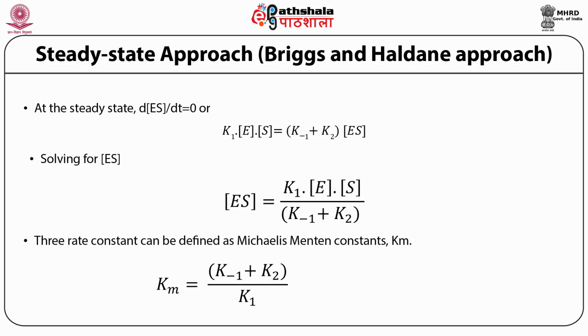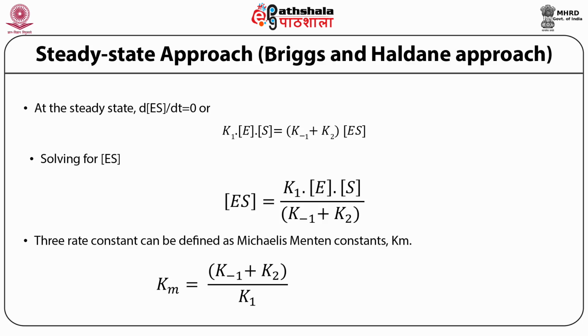Therefore, when you are saying Km, the breakdown constant upon formation constant, the breakdown constant includes K plus 2, that is a main one, but you cannot ignore K minus 1. So the Km is equal to K plus 2 plus K minus 1 divided by K plus 1. So you can calculate the ES concentration.